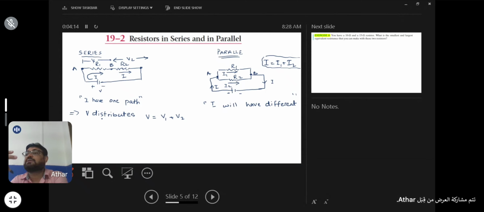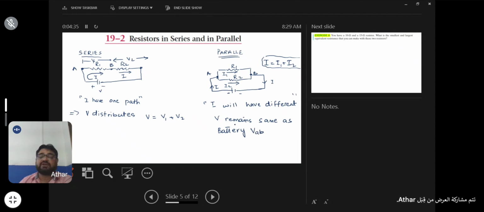In parallel combination, current is distributed, but voltage remains the same. V remains the same across the terminals A and B. What is the meaning of same? Same as the battery. So the battery is providing terminal potential VAB.